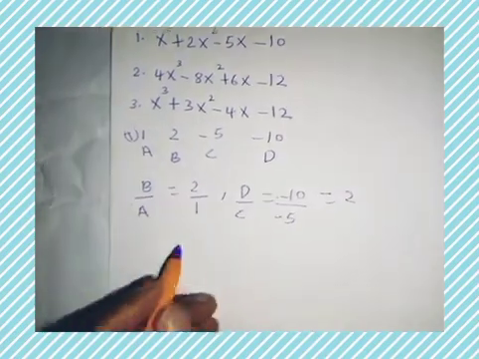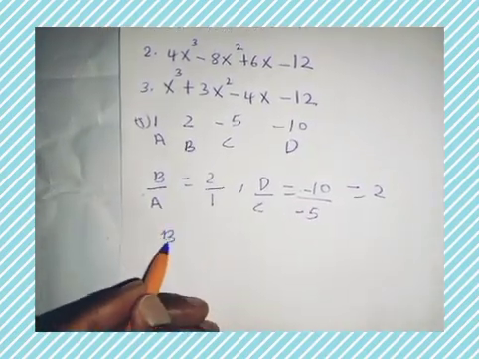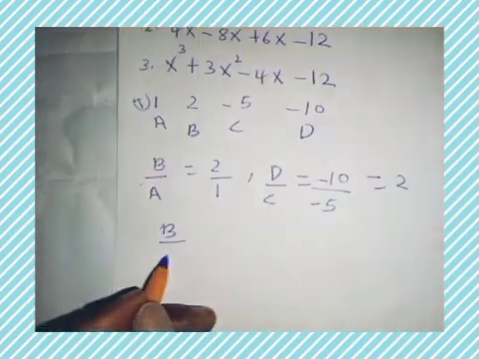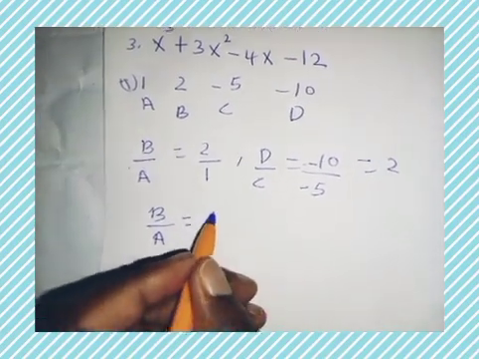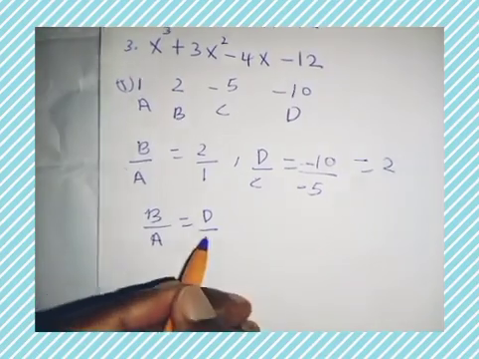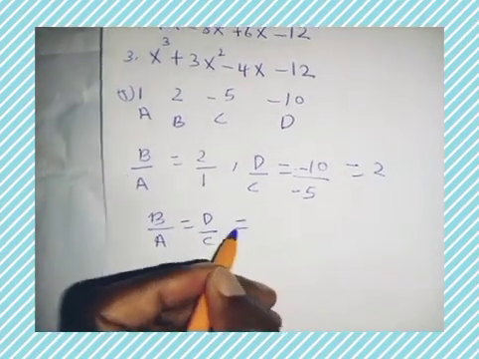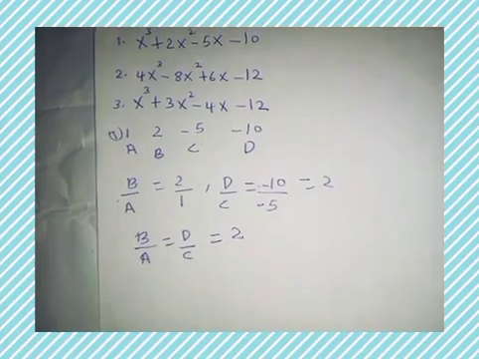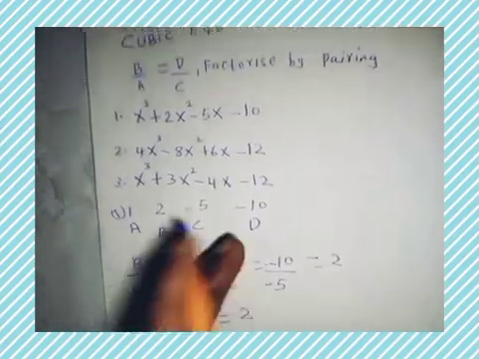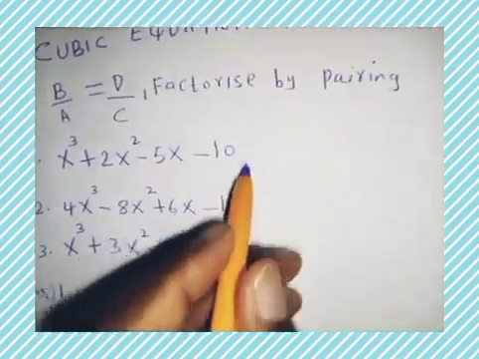So in this case, b over a is equal to d over c, which is equal to 2. Since these ratios are the same, the method of pairing is going to work for us.